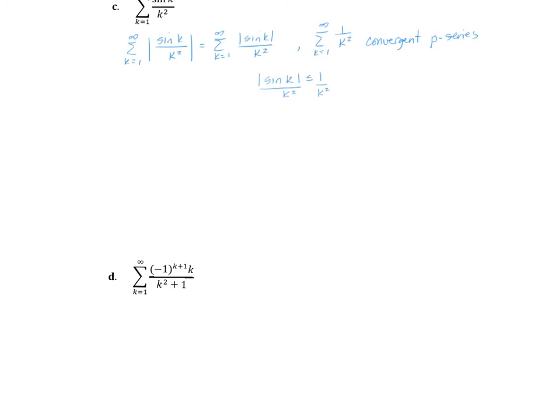So I've actually shown that the absolute value of sine of k over k squared is less than or equal to 1 over k squared, and 1 over k squared is a convergent p series. So I've shown that this series converges by the comparison test.